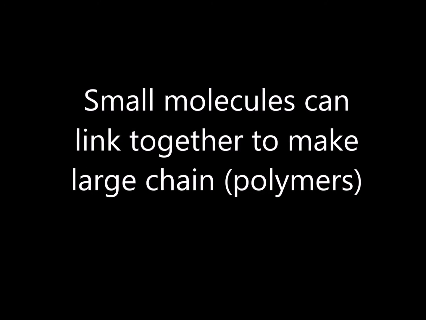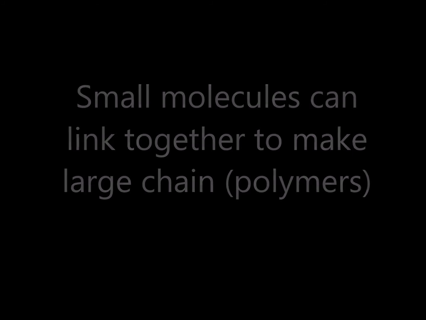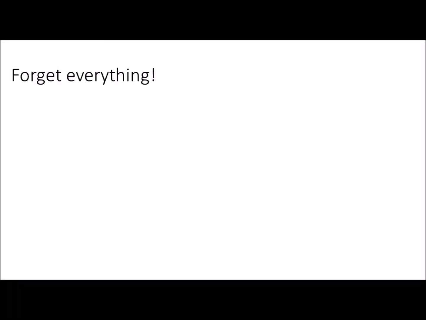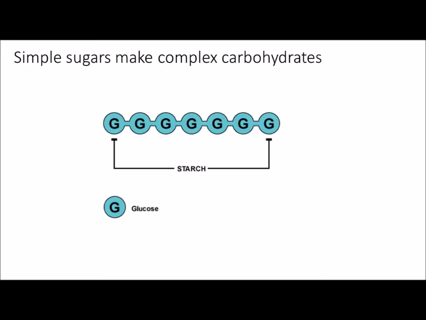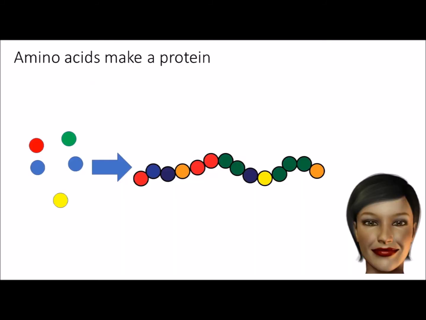You can get links between proteins and sugars and proteins and fatty acids, but let's not make it more complicated. In fact, let's forget everything and keep it simple. What have we got? We've got that simple sugars make complex carbohydrates by being linked together. Fatty acids and glycerol can link together to make a lipid, and the amino acids can link together to make a protein.